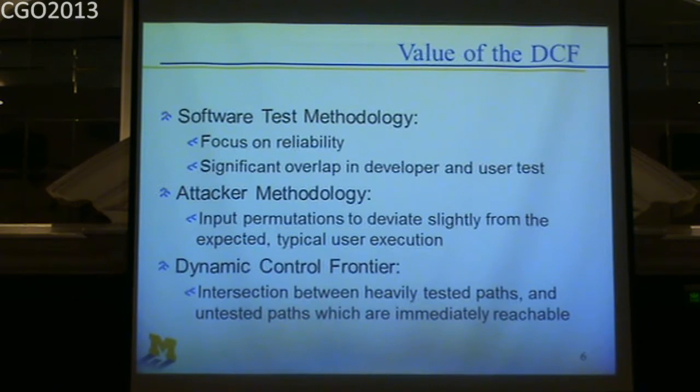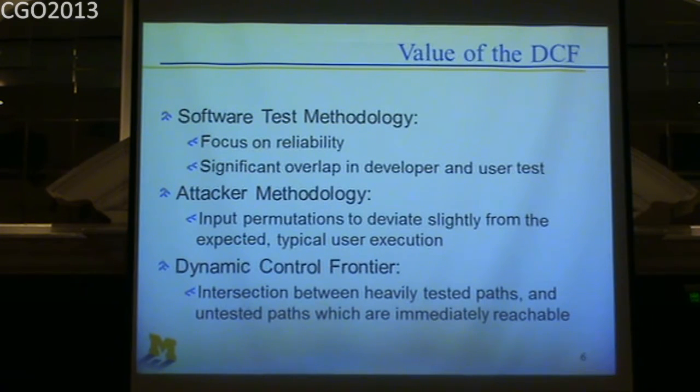Now, what makes the dynamic control frontier valuable for path testing? First, let's consider how software is tested. Now, software developers extensively test applications. In fact, in many cases, the cost of test exceeds 50% of the entire development effort for software.